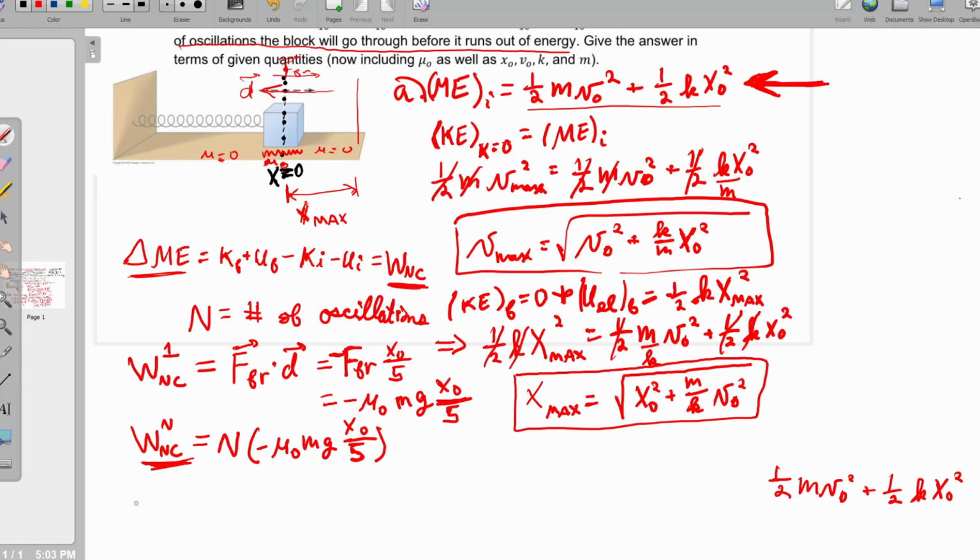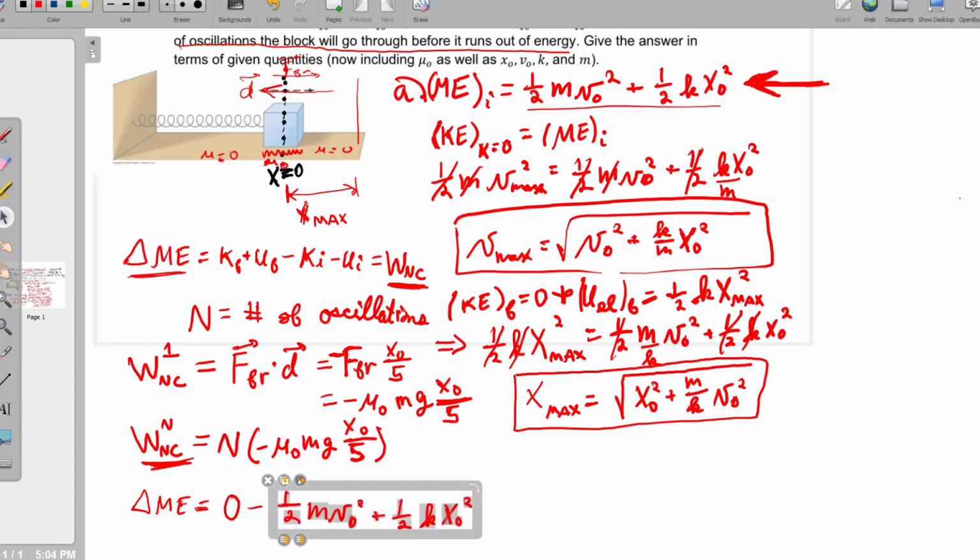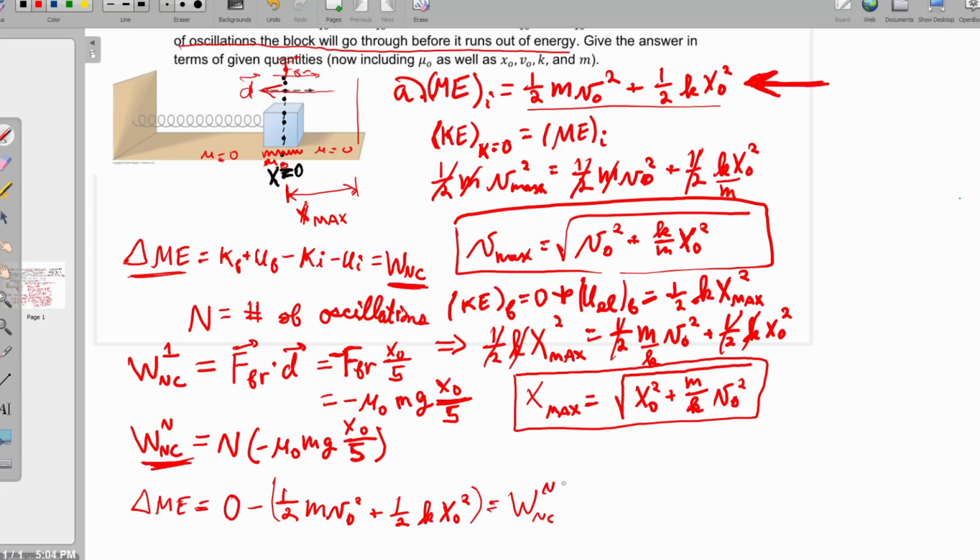Now, I want my change in mechanical energy to be, well, the final mechanical energy is going to be 0, because we wanted our final point to be when all of the energy has gone. And the initial mechanical energy is just this thing that we had started with over here. So minus this initial mechanical energy is going to be equal to the work done by non-conservative forces after n oscillations, or in other words, it's equal to minus μ0 mg x0 over 5 times n.